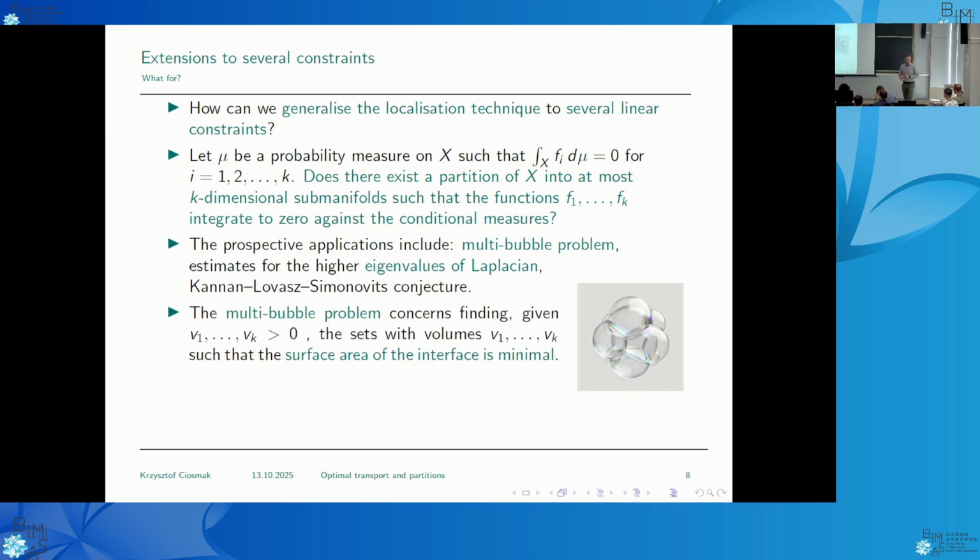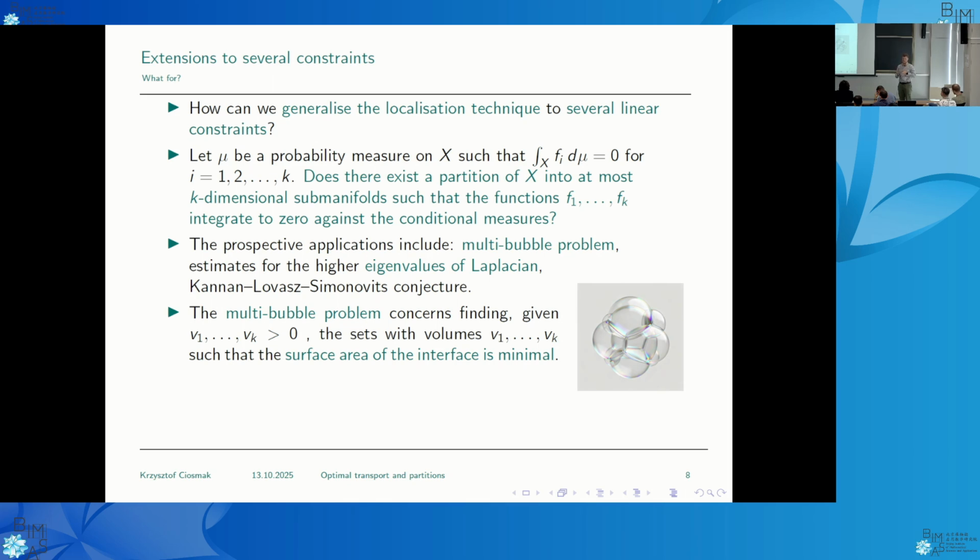So what's the multi-bubble problem? The multi-bubble problem is, in a way, a generalization of the isoperimetric problem. If you look at the isoperimetric problem on a probability space, you are given some volume V, and then the complement has volume 1 minus V, so they sum up to 1. And then you are looking at the set with minimal surface area.